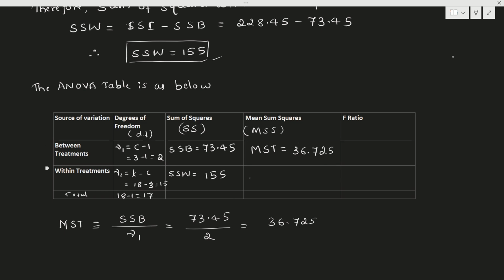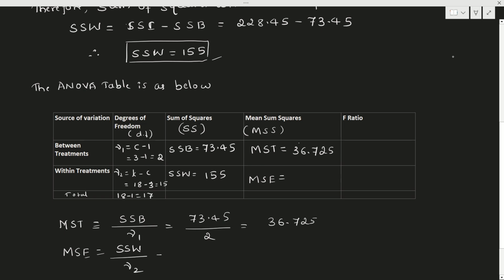Then MSE, the mean sum square within the samples, is SSW divided by its degrees of freedom nu 2: 155 divided by 15, which is 10.33.